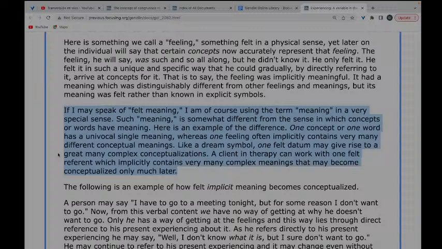So that there's a whole variety of things that are implicit in that feeling. It's not just one thing, which is kind of what it felt like he was saying in the previous paragraph. But like a dream symbol, one felt datum may give rise to a great many complex conceptualizations.